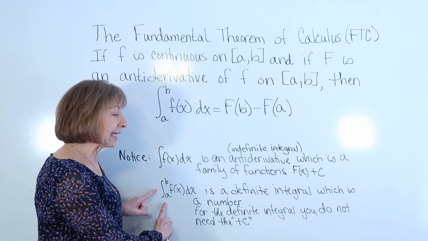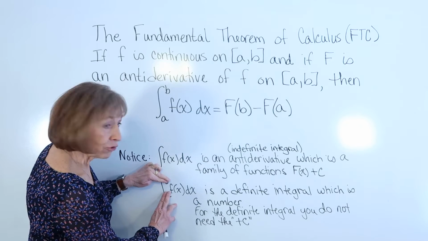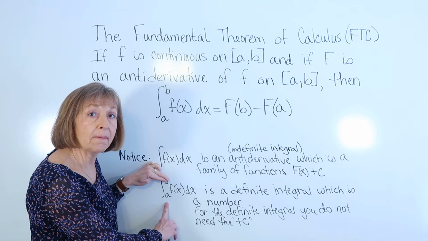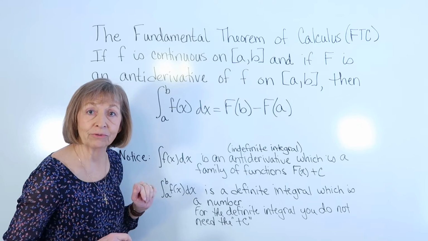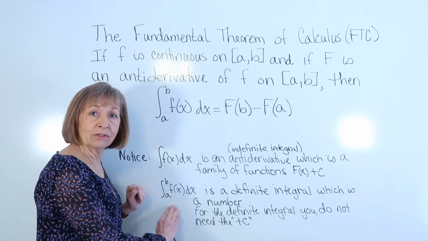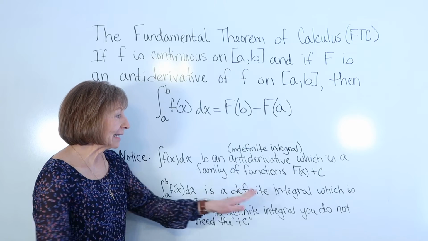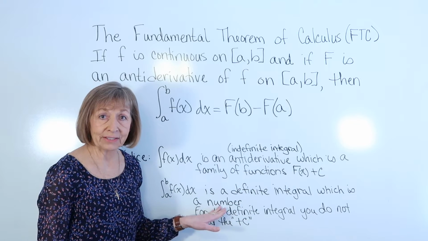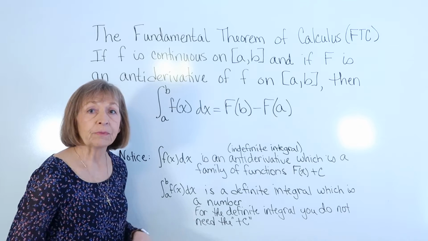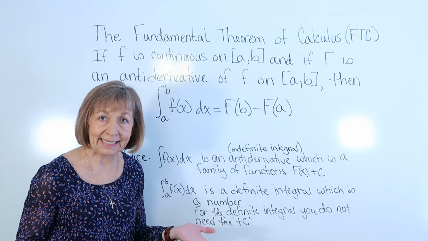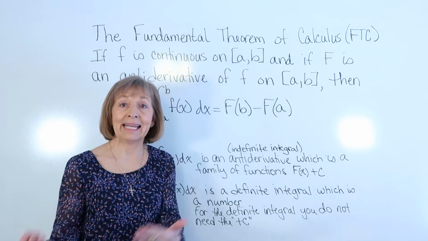Now when we look at a definite integral, it's going to have a lot of the same structure, but it's going to have a number at the bottom of the integral symbol and a number at the top of the integral symbol. That's going to be our definite integral, and this is a number answer that we're going to get out for it. And for the definite integral, you don't have to put the plus c, because capital F is an antiderivative.